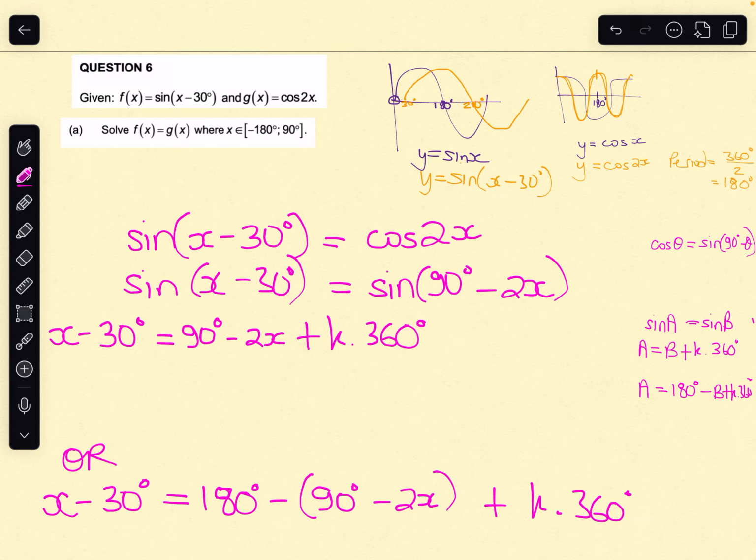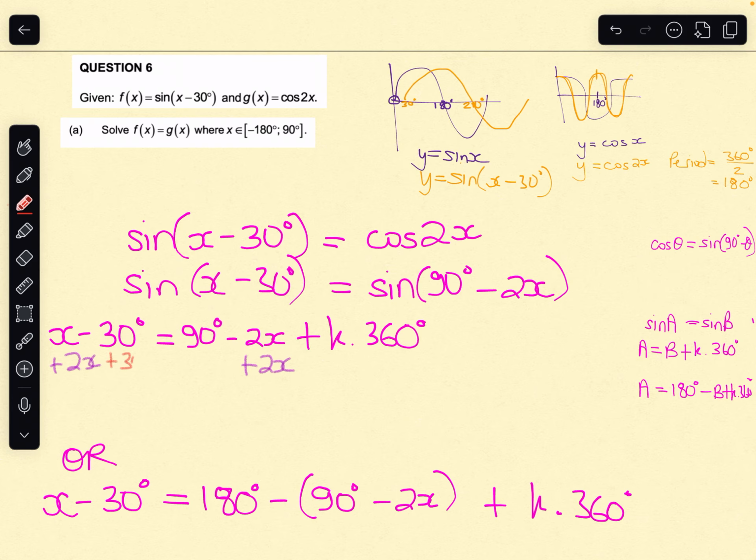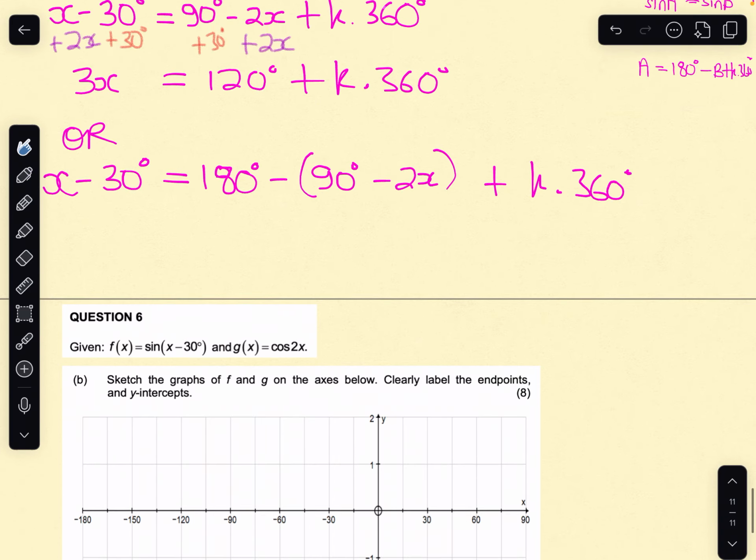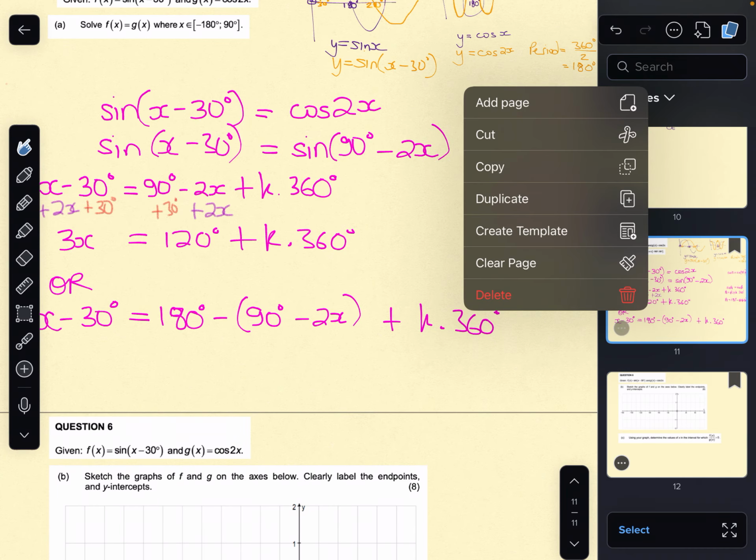So let's get all our x's on one side. I'm going to add 2x here, and also move the numbers on the one side to the other side. So that would be 3x is equal to 120 plus k360.